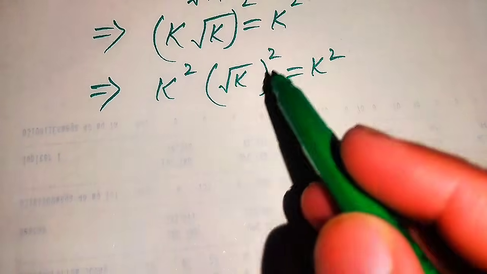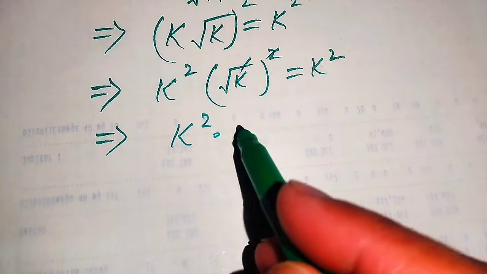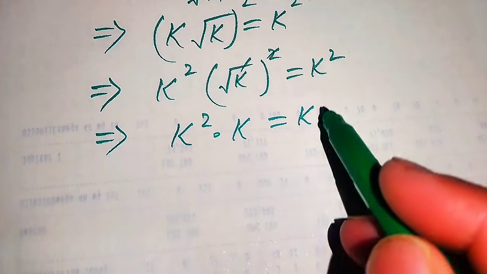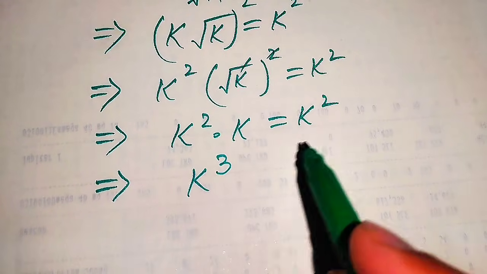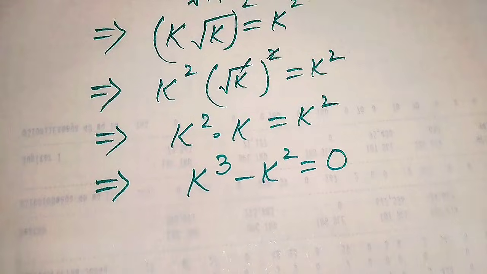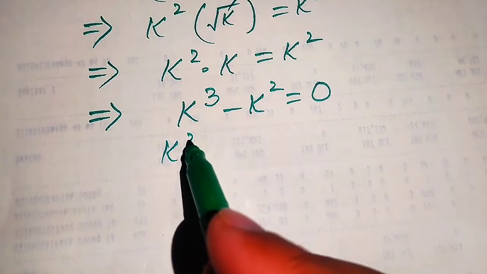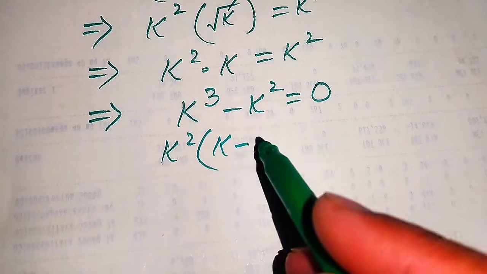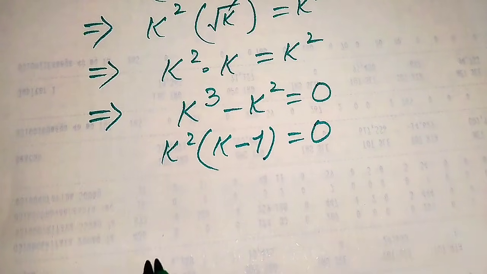In the next step, the square and square root are gone, and we get k square multiplied by k equals k square. This k square times k becomes k cubed, minus k square, and this whole equation is equal to 0. Now we take common k square, and the remaining values are k minus 1, and this whole equation is equal to 0.